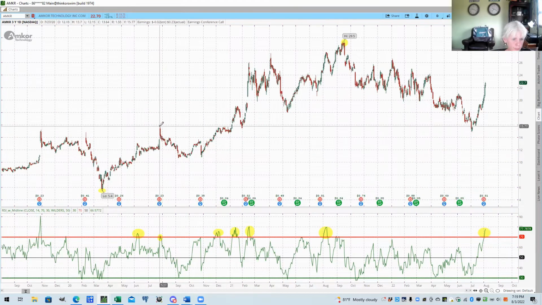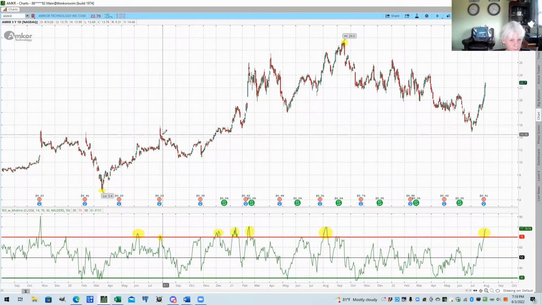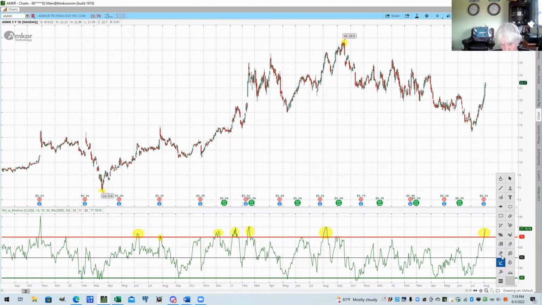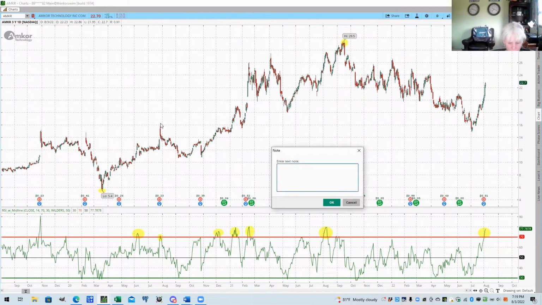Since this is really the top here, and then you see we've got some kind of a decline right here, I'm going to call this wave 1. So I go over here and just mark it 1.